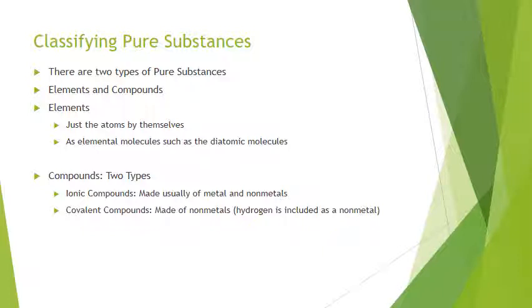So the first thing you have to do, if I were to give you a chemical formula or chemical name, is tell me if it's an ionic compound or covalent. An ionic compound will have an element from the left side of the table and the right-hand side of the table. The covalents will have them only from the right-hand side of the table.